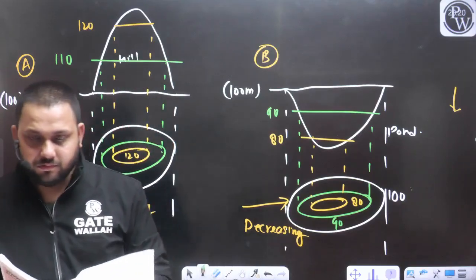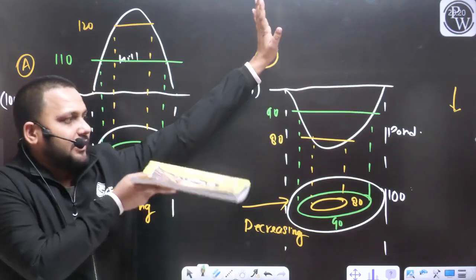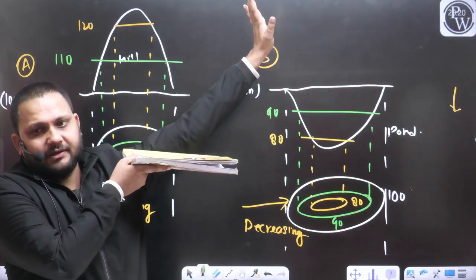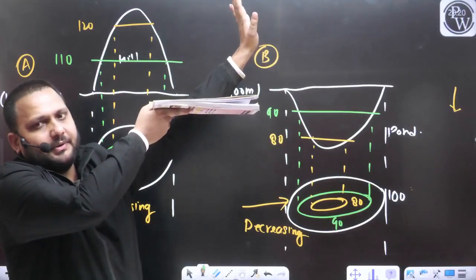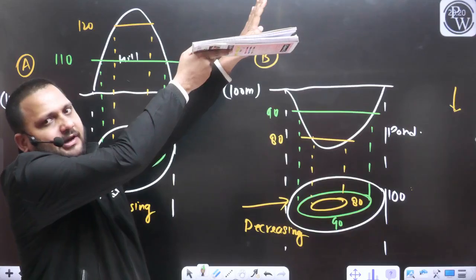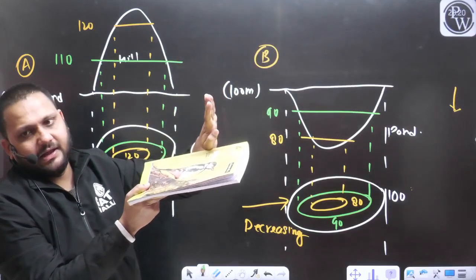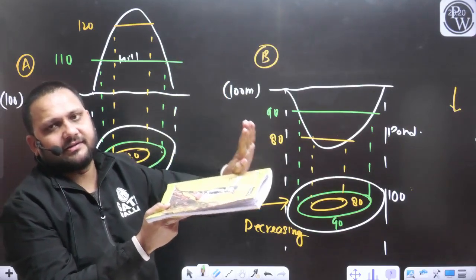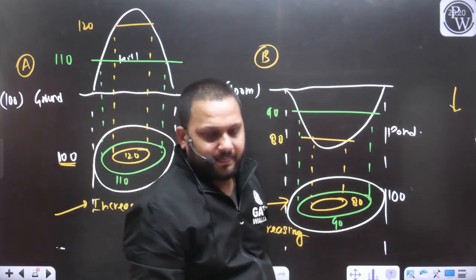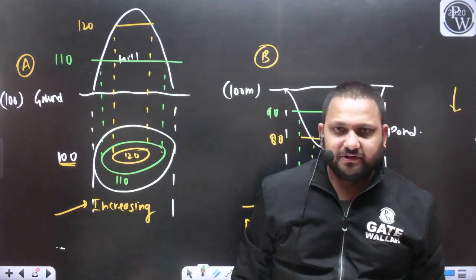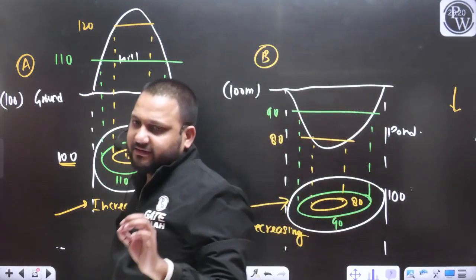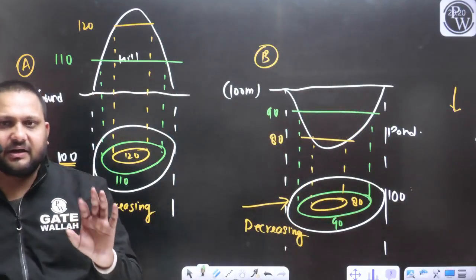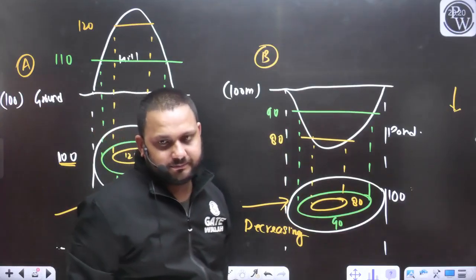Yes or no? So let's say this is the contour of 10 meter, this is the contour of 20 meter, and this is the contour of 30 meter. What will be this angle? That intersection angle will be 90 degrees. That we have discussed. The intersection angle between the ridge line and the contour line is going to be 90 degrees.